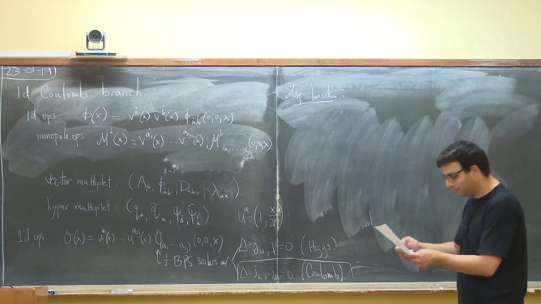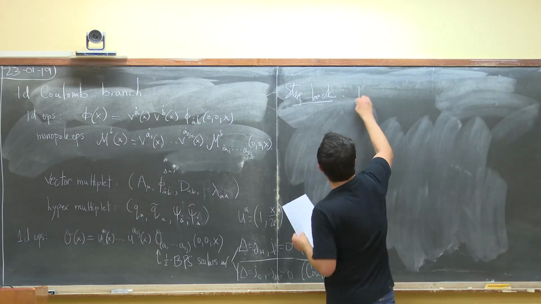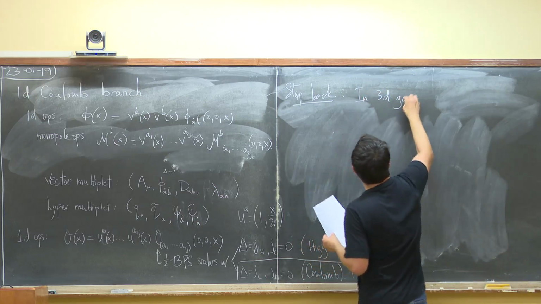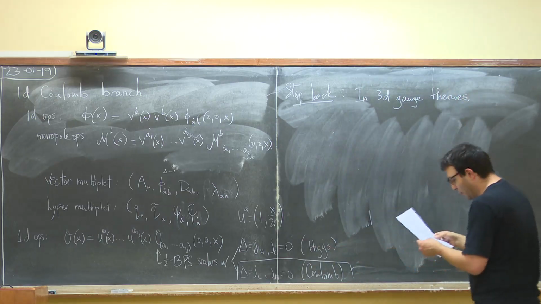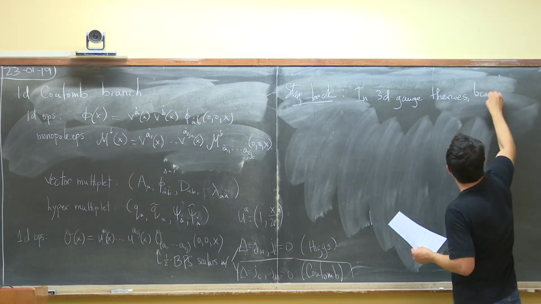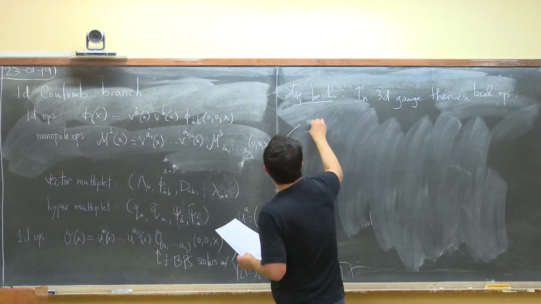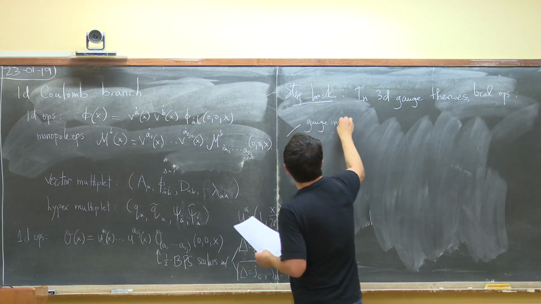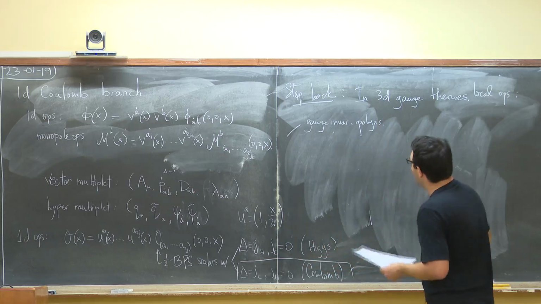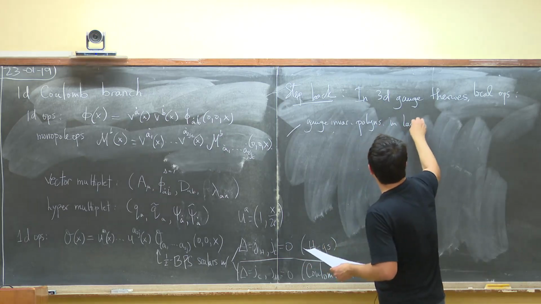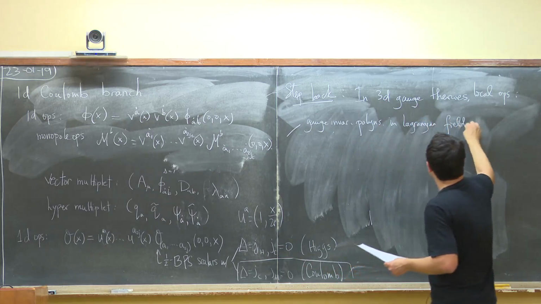I'll give the formula. Okay, so step back, in 3D gauge theories we can have local operators that are of two types. They can be gauge invariant polynomials in the fields that appear in the Lagrangian and derivatives.